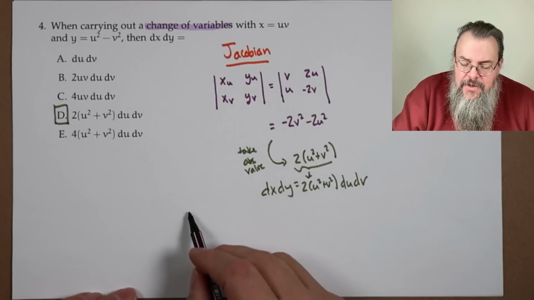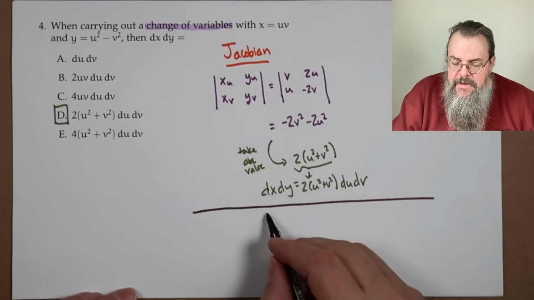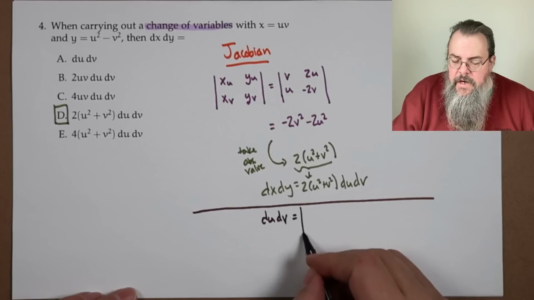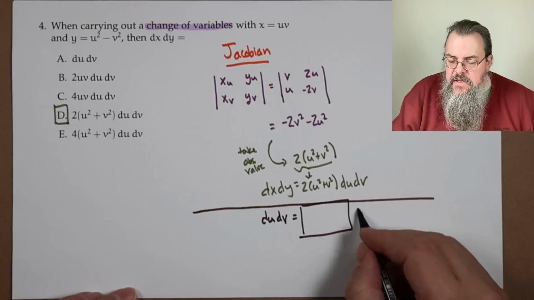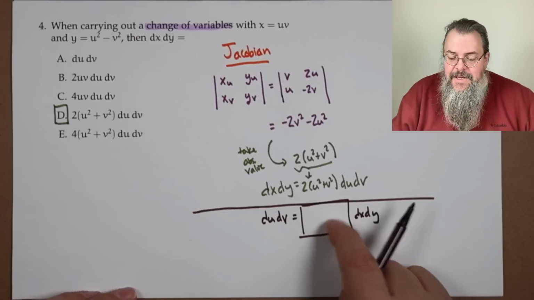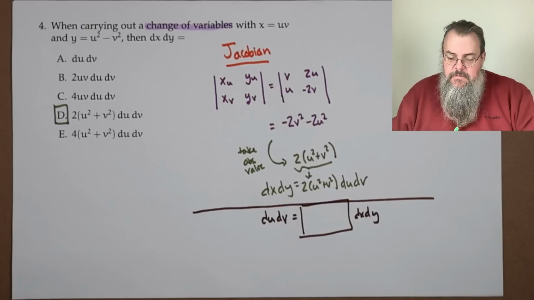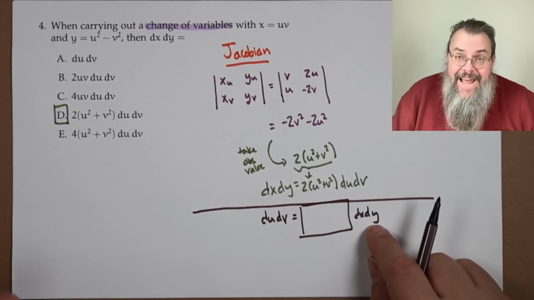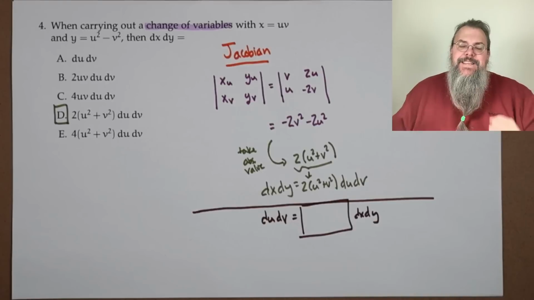But now, I want to know the answer to the question, du dv equals what dx dy? What goes in the box? Now, your initial reaction should be, well, that's not so hard. You just divide. That's correct. We just divide.